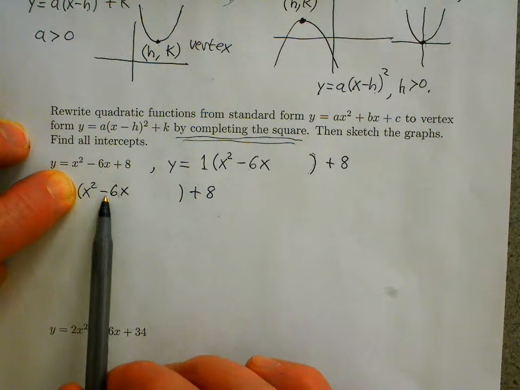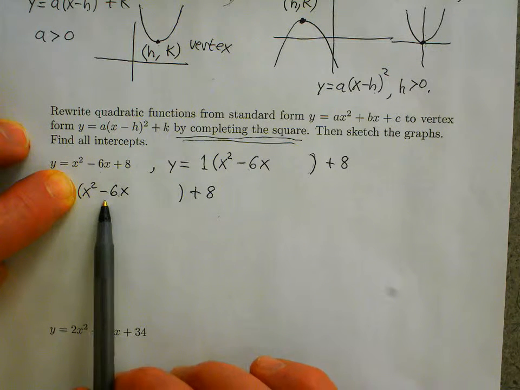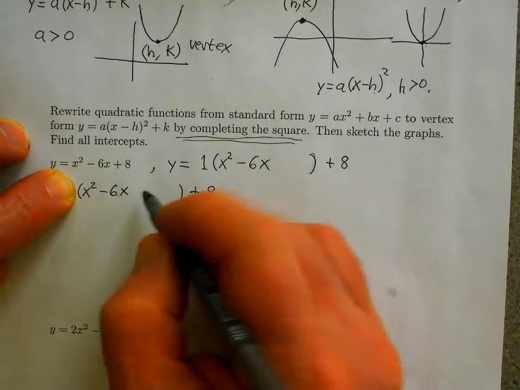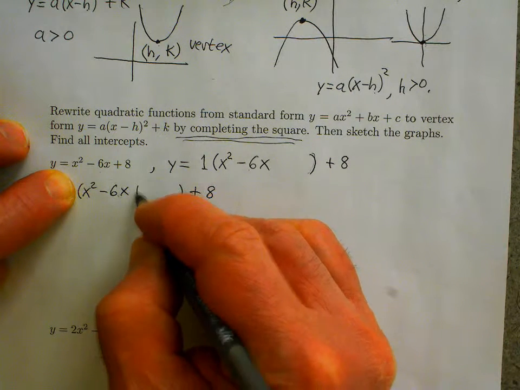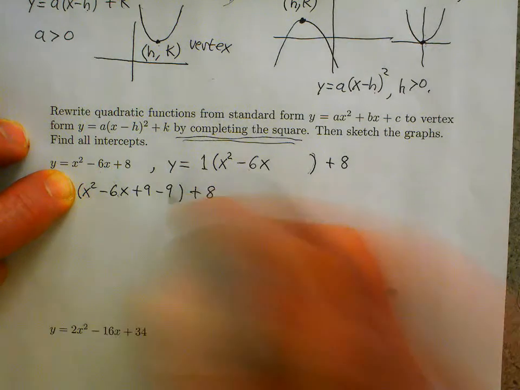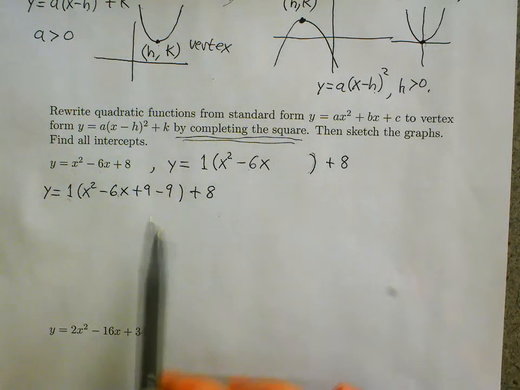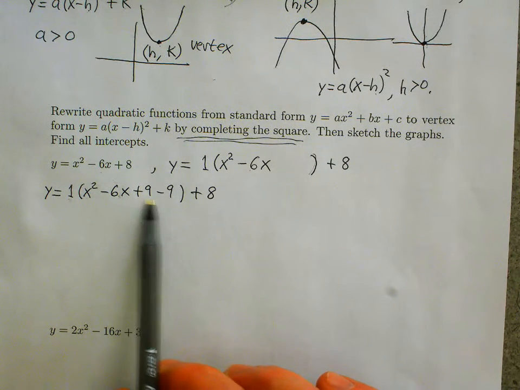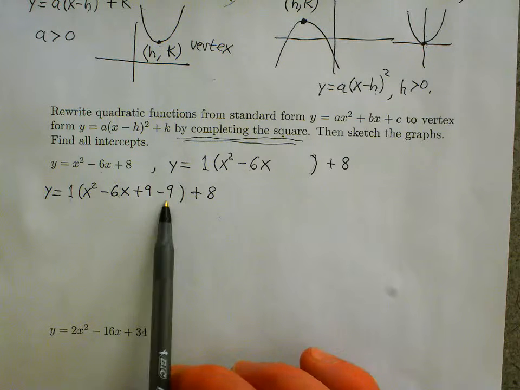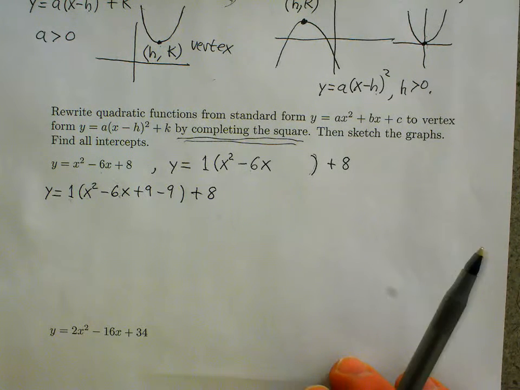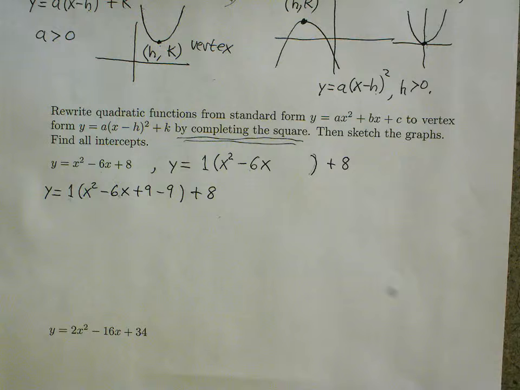So 1/2 of negative 6 is negative 3, and when we square negative 3, we get positive 9. So I'm going to write plus 9 minus 9. Technically all I'm doing is adding 0. So I'm not changing the value, we're just changing the form.